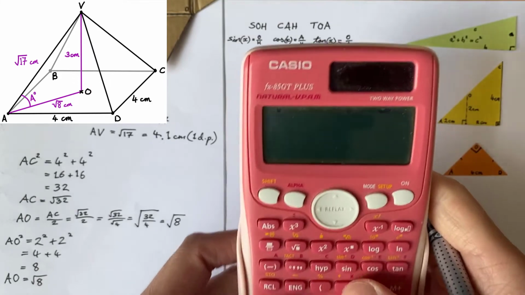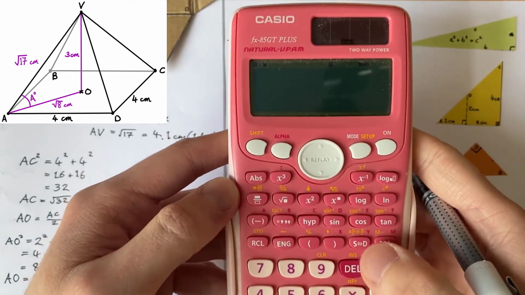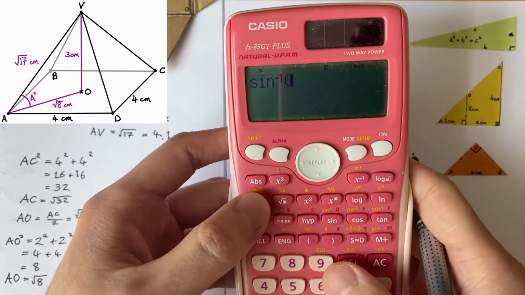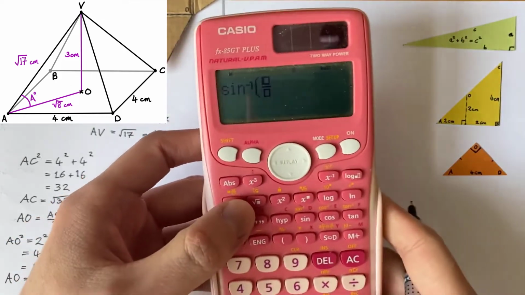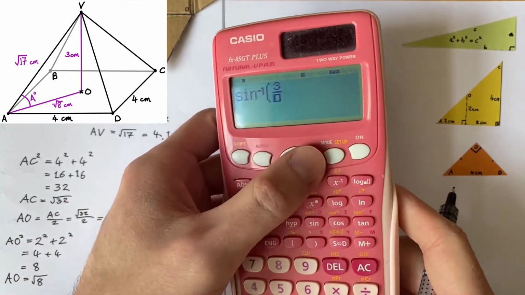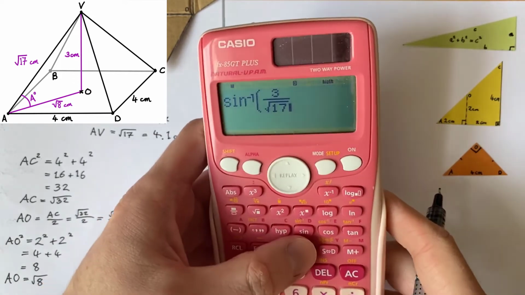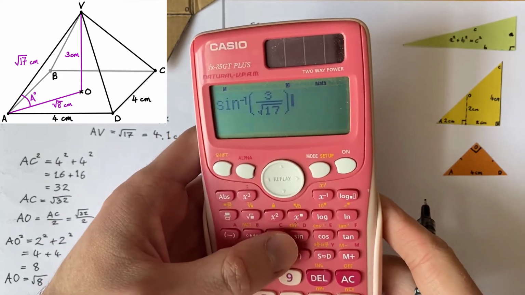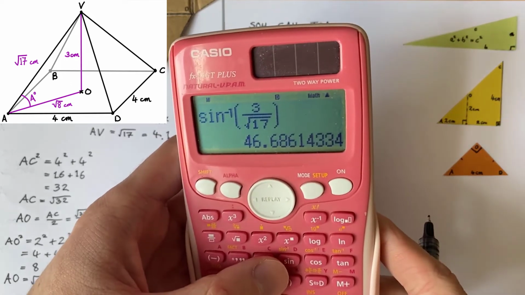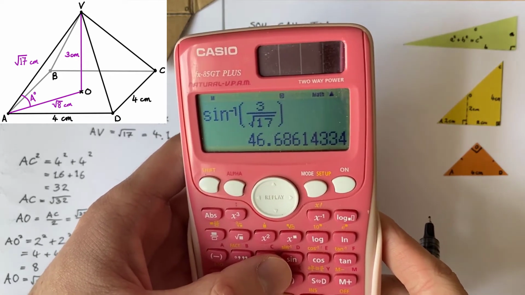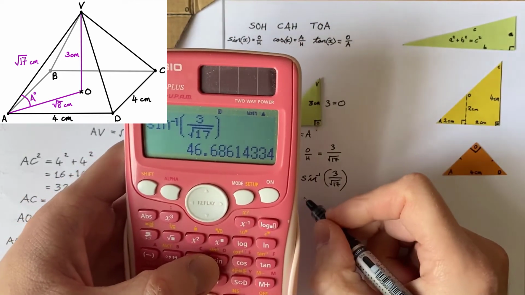In my calculator, shift sine, make sure I've got the inverse function, do my fraction sign, and put 3 on the top, square root of 17, bottom, close my brackets, and then I get 46.7 degrees to 1 decimal place.